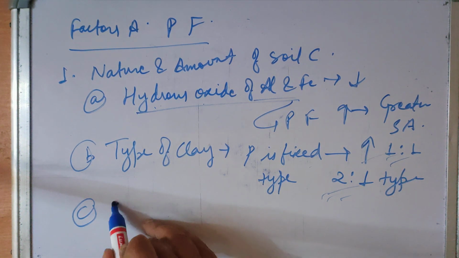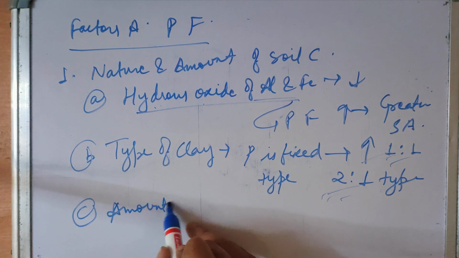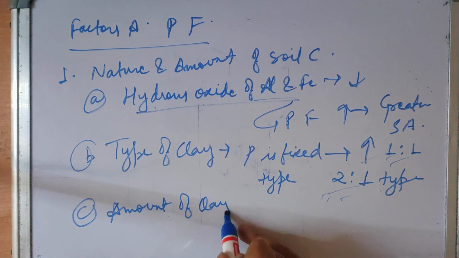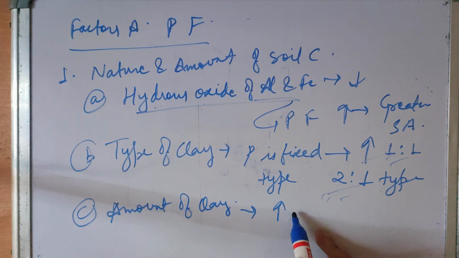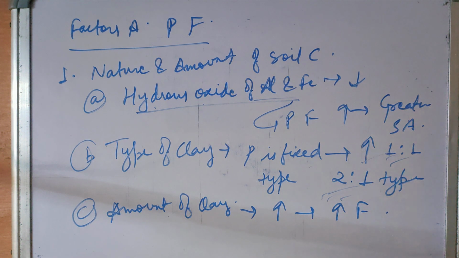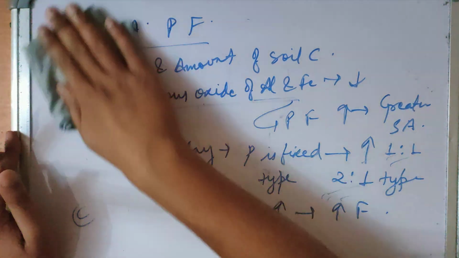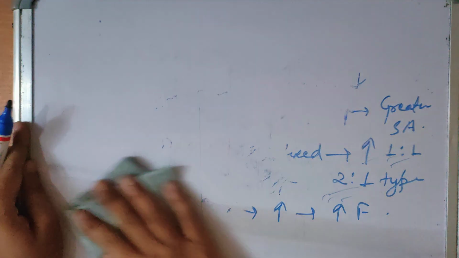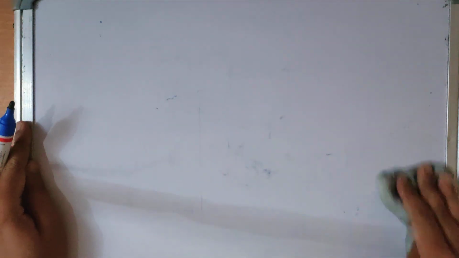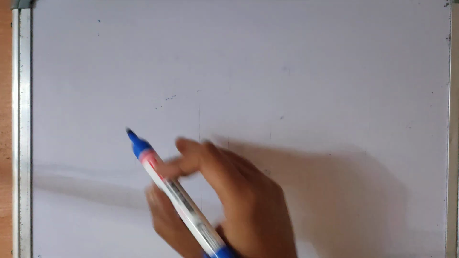Number C is amount of clay. The more the clay, the more the fixation. Moving on to the next point, that is amorphous colloids.